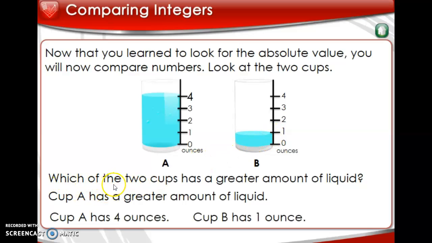Which of the 2 cups has a greater amount of liquid? Cup A, yes, has a greater amount of liquid. This sentence is an inequality sentence, and this is the symbol that we need to use when 4 is greater than 1.